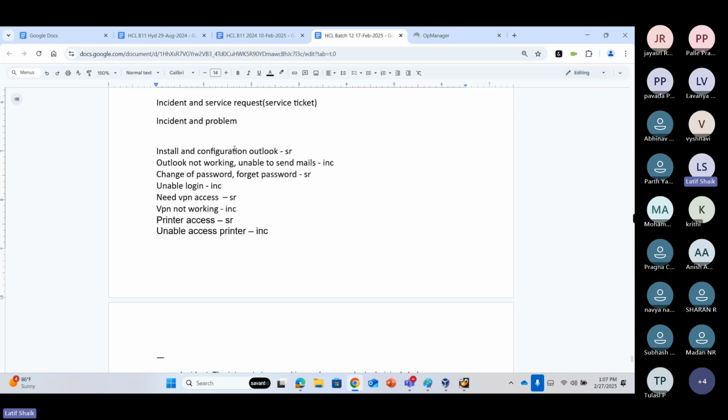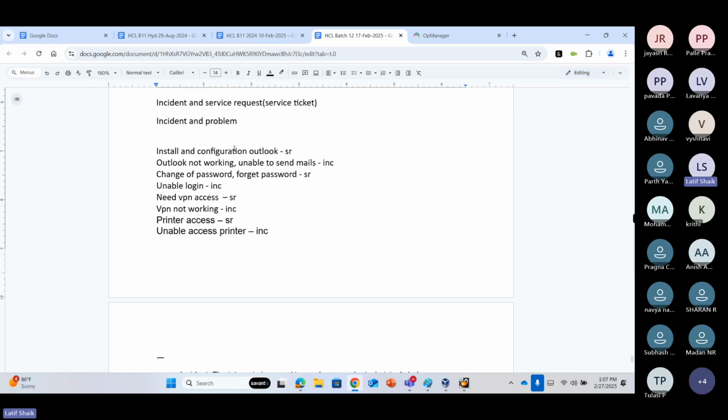Nowadays it's direct installation only. Earlier days it was not like that; they had to configure it compulsorily. Still, a lot of organizations follow manual configurations. It's not very easy. So I need an installation and configuration of Outlook, a mail client application.